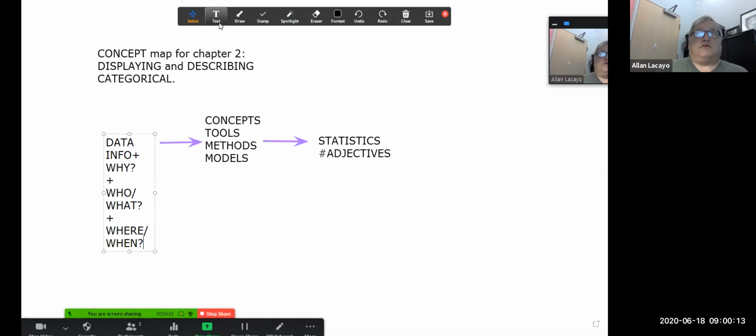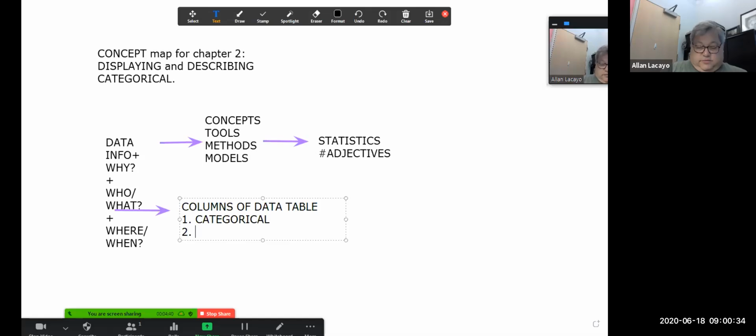And when we were talking about what, we said what are described or what are placed in columns of a data table, and that there are 2 kinds of columns. Some columns can be categorical, and other columns can be quantitative.